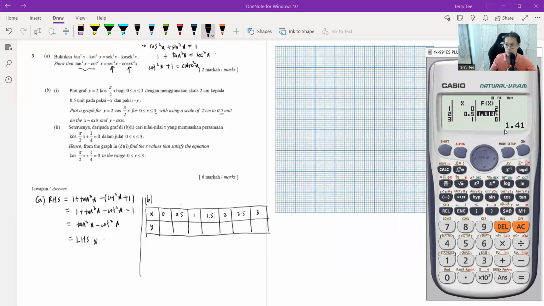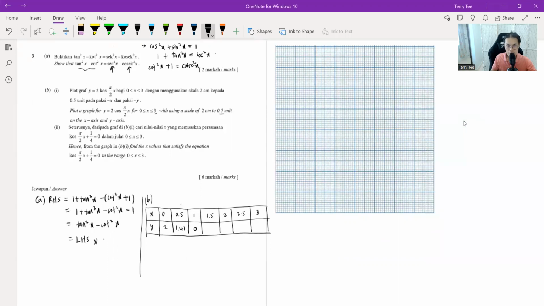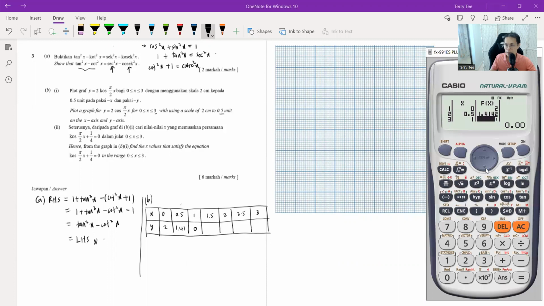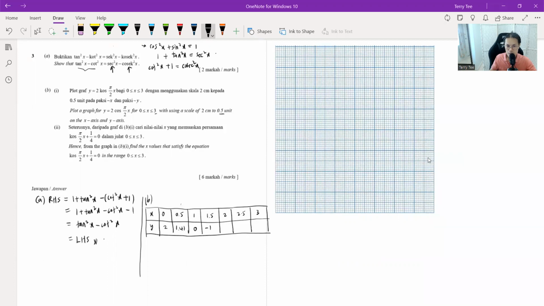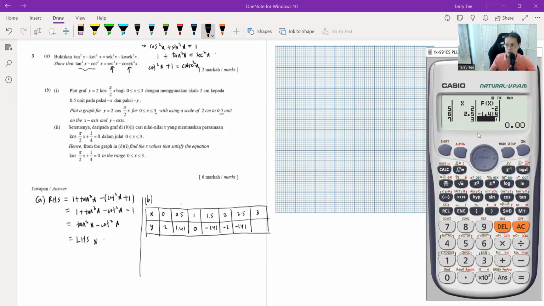The calculator will round off for me: 1.41. So the first one is 2, second is 1.41, third is 0. Then we keep going: negative 1.41, negative 2, negative 1.41. It goes negative and comes back up. The last one is 0.